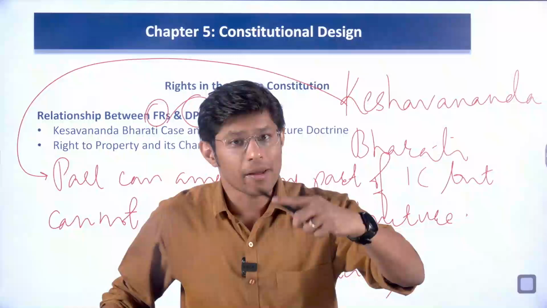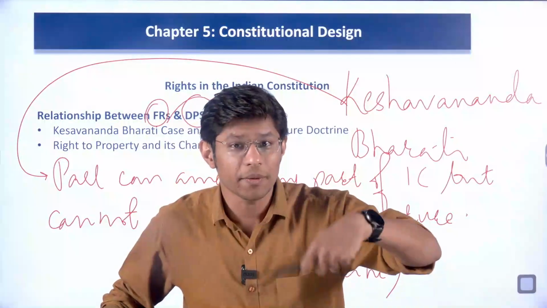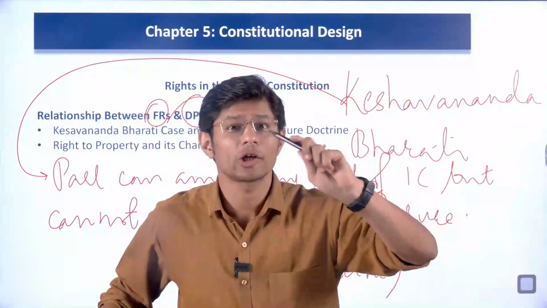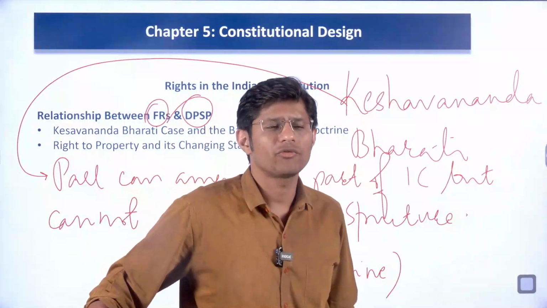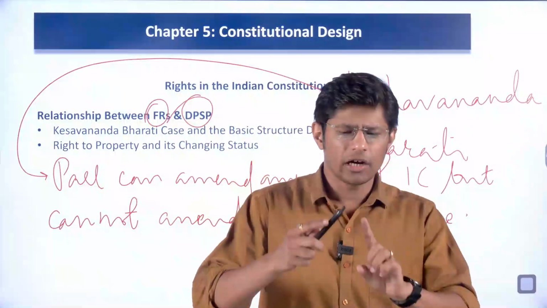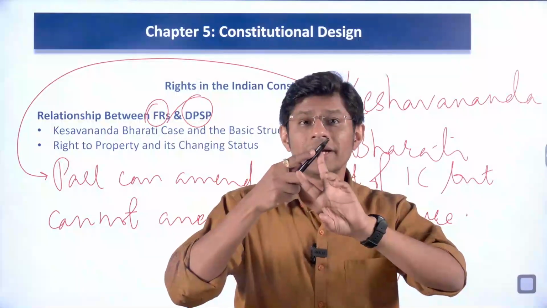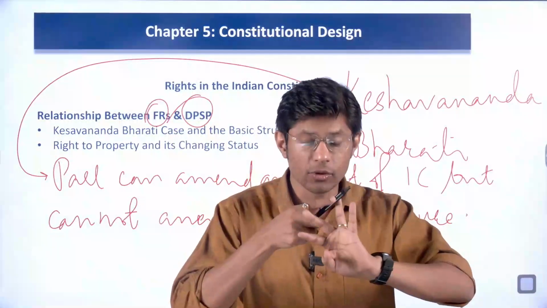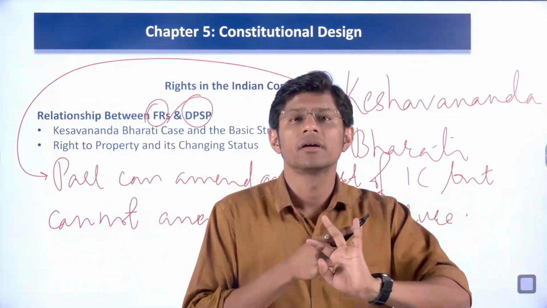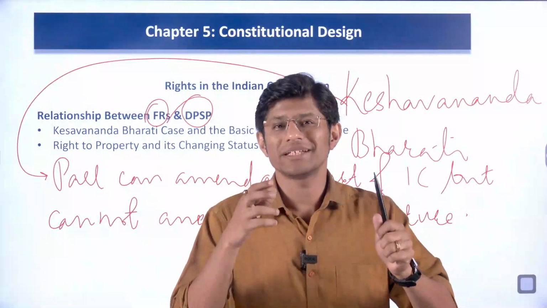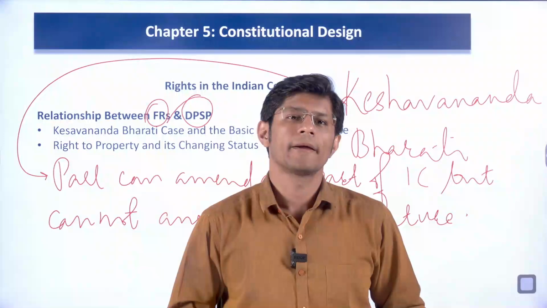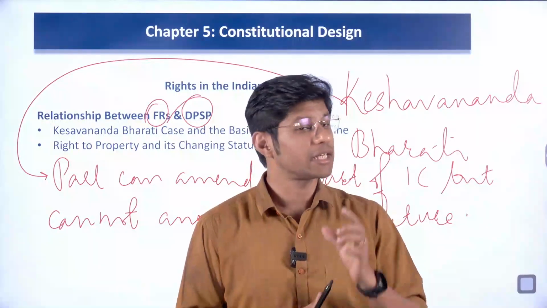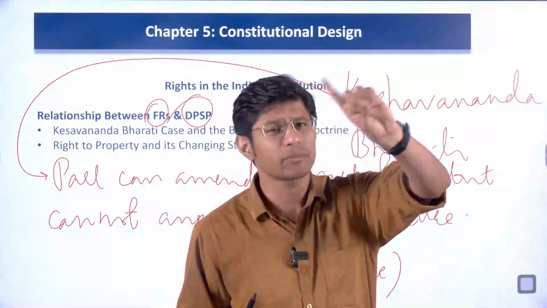Now the government can amend the fundamental rights to implement the DPSPs, but still cannot amend the basic structure. For example, we have federalism, parliamentary sovereignty, secularism. These are some of the basic structure doctrine. Right to equality, separation of power. These are the principles which can never be amended.